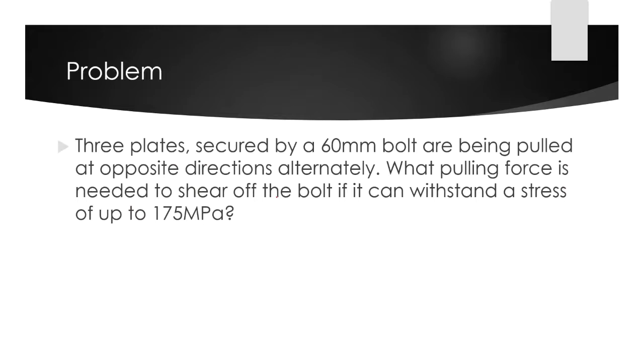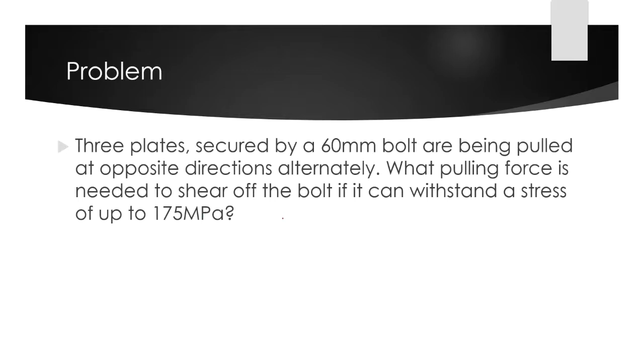So for the next one, we have three plates secured by a 60 millimeter bolt being pulled at opposite directions alternately. What pulling force is needed to shear off the bolt if it can withstand a stress of up to 175 megapascal?